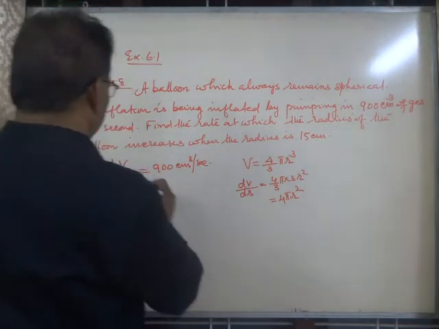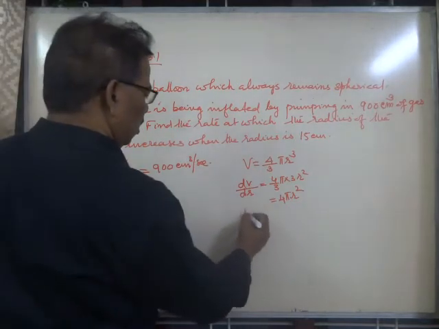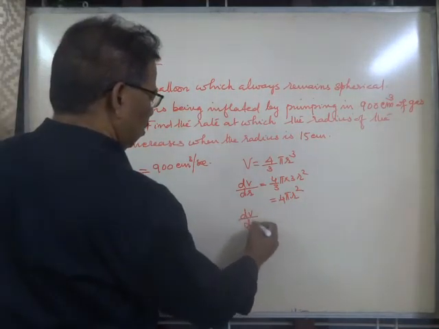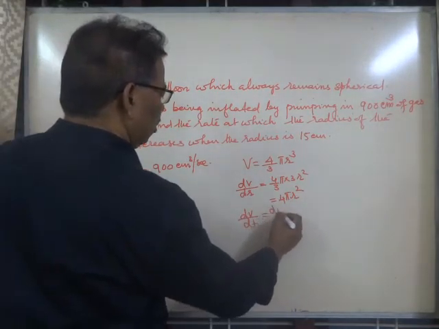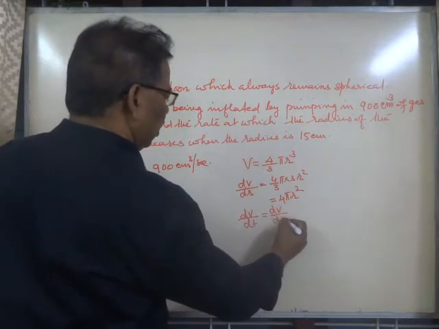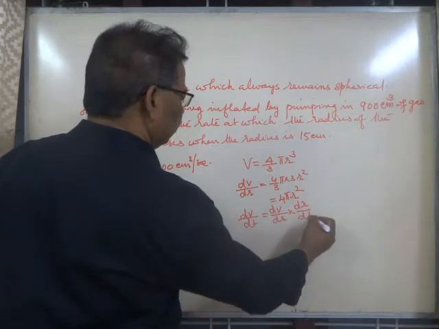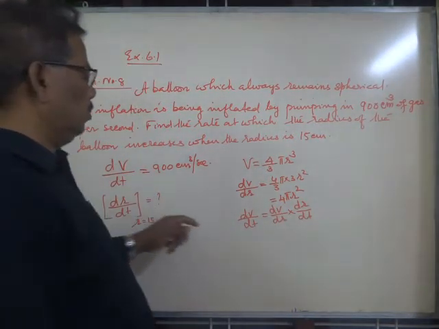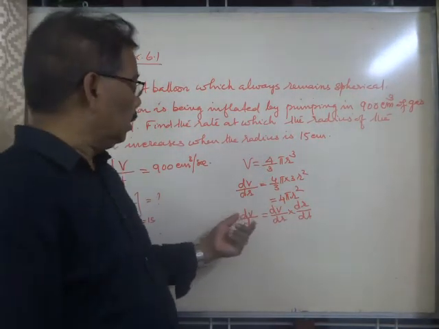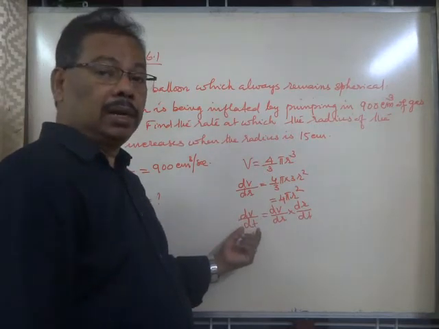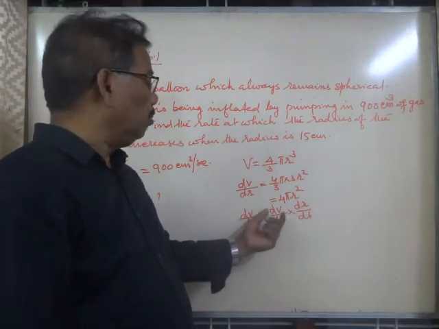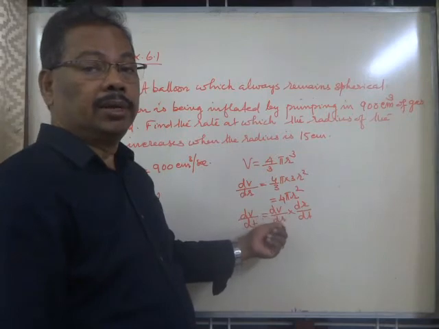Now dV by dt is equal to dV by dr multiplied by dr by dt. We cannot get dV by dt directly. The volume increases as the radius increases.